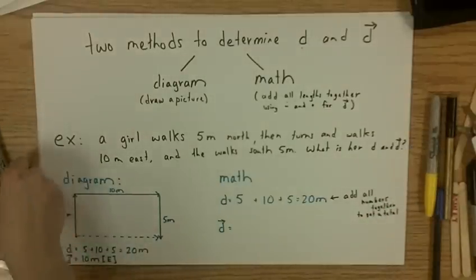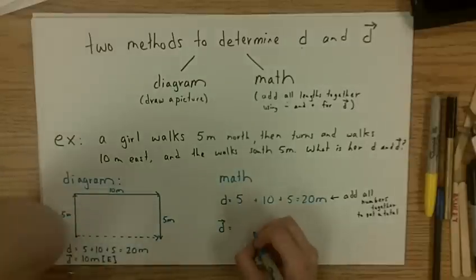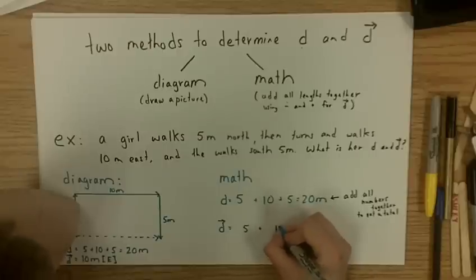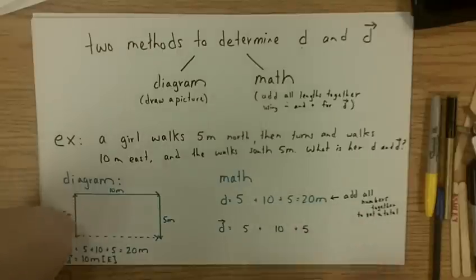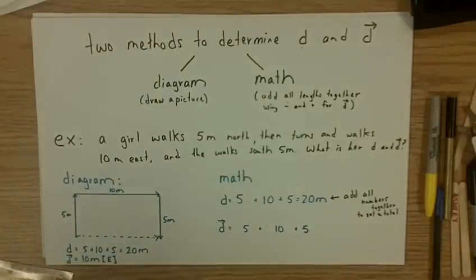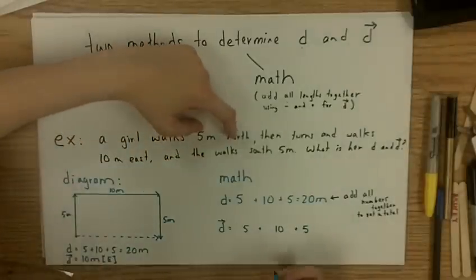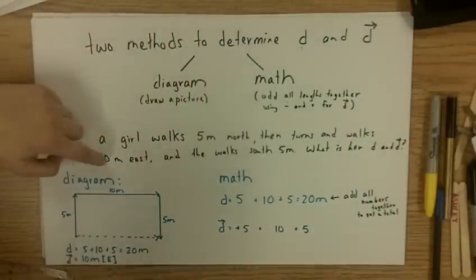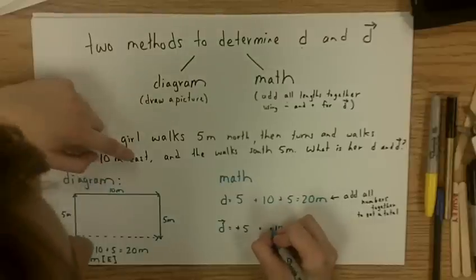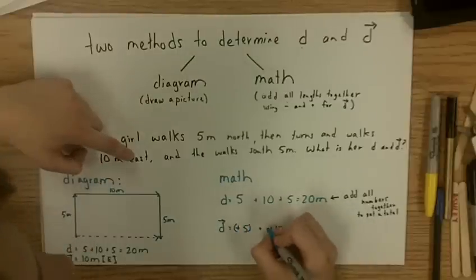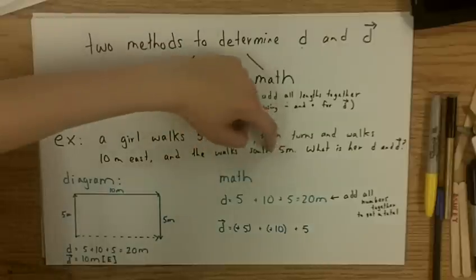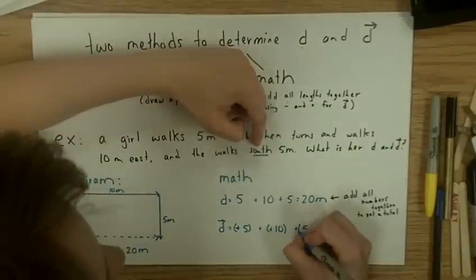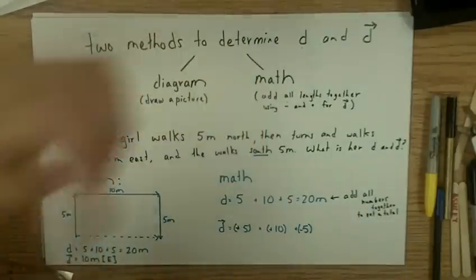For displacement, we do the exact same thing. We add all the numbers together, but we look at their directions as well. 5 meters north is a positive direction. 10 meters east, east is a positive direction. So we have plus 5 plus 10. South is a negative direction, so it's plus negative 5.